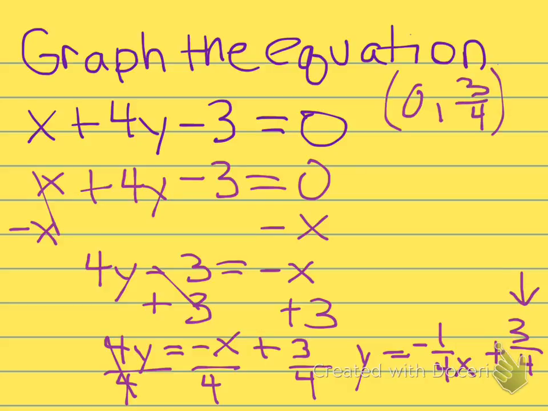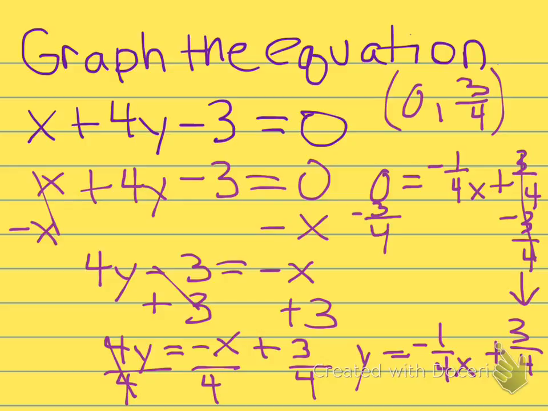Then we need to find our x-intercept by plugging in 0 for y. So I'm going to get x by itself. I need to subtract 3/4. And then I need to multiply by the reciprocal.